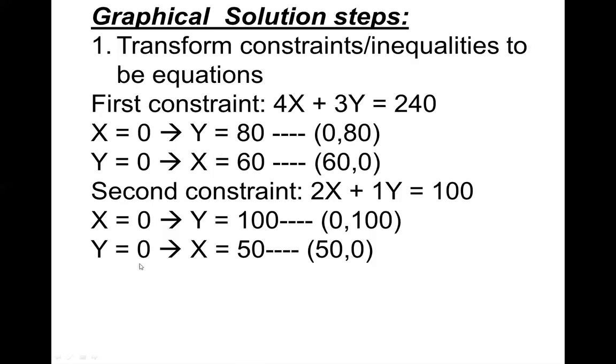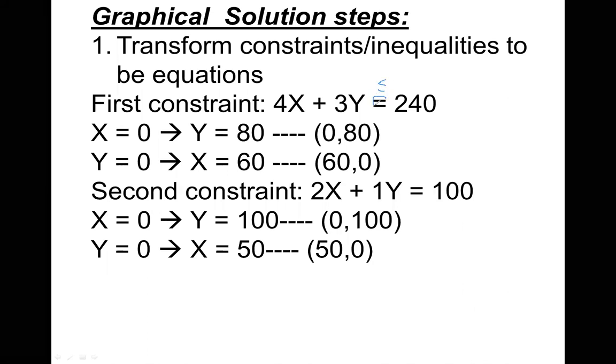So step 1, now we have the first constraint, 4x plus 3y, it was less than or equal. Now we make it equal 240. How to find the first point? For the first point you put x equals 0, then find y directly from the first equation, equal 80.